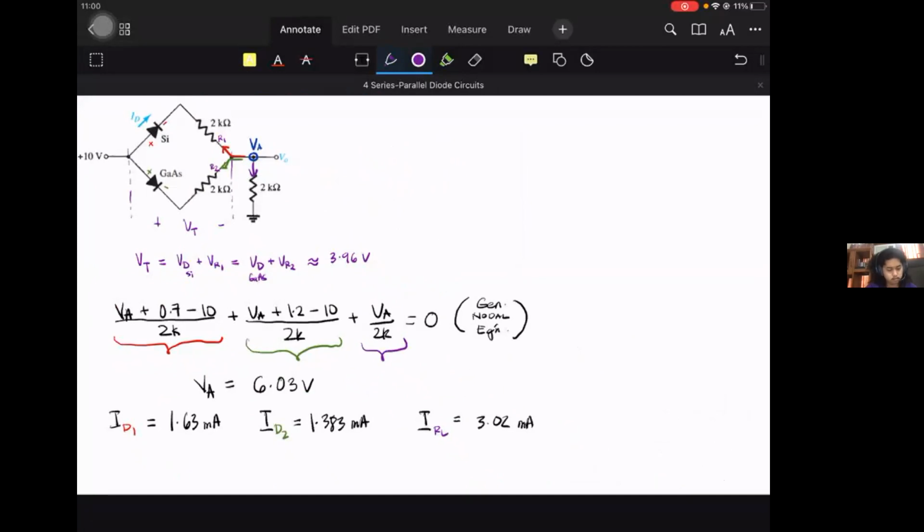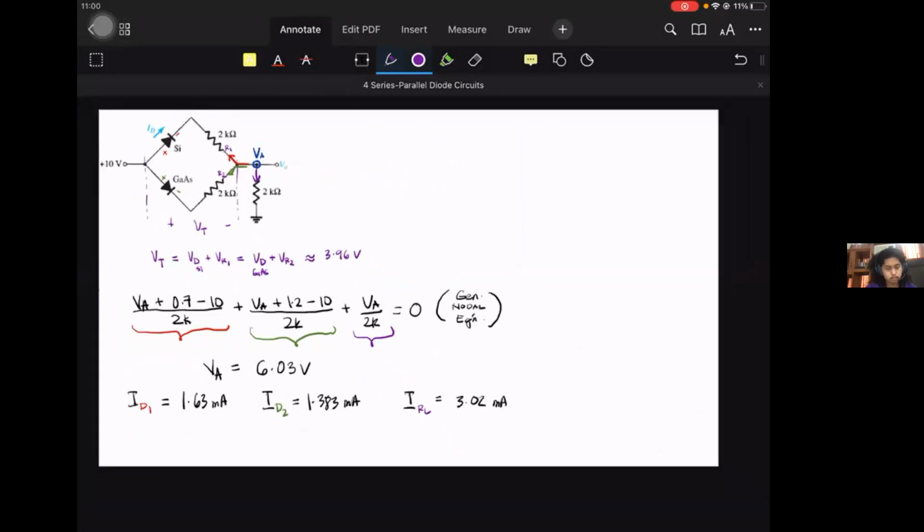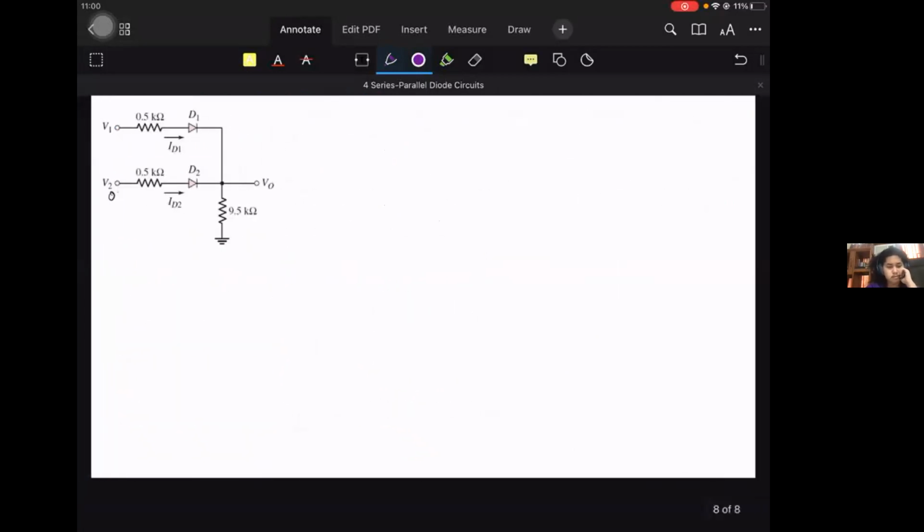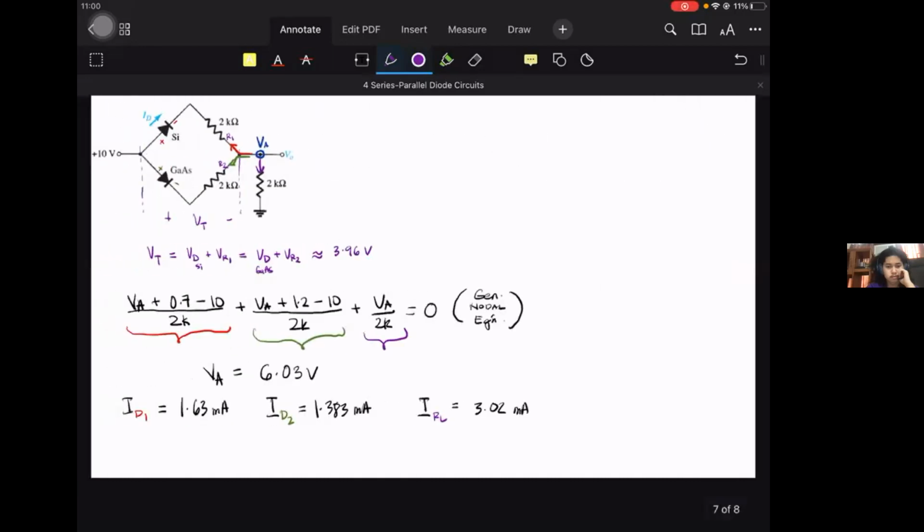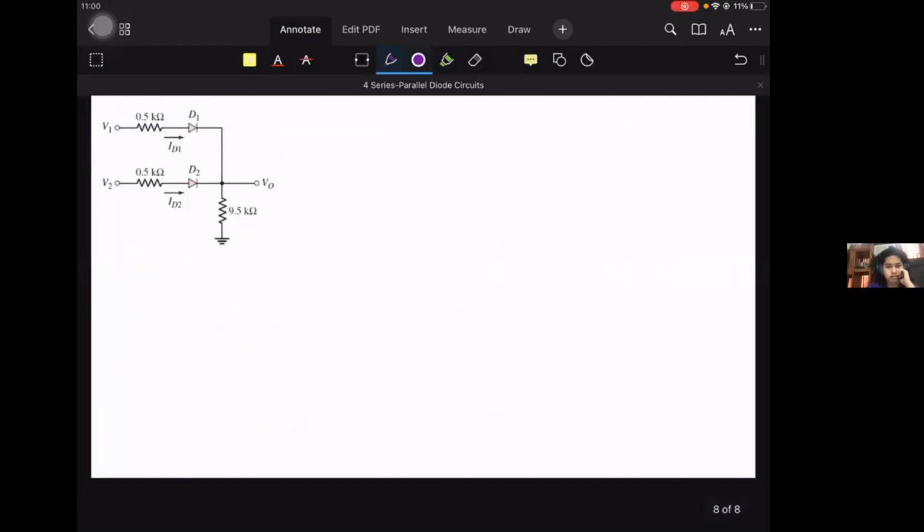Sige. If there are no more questions, I'll proceed to the last example. Sige, pareha rin sa katong kanina class, except that V1 and V2 are different.